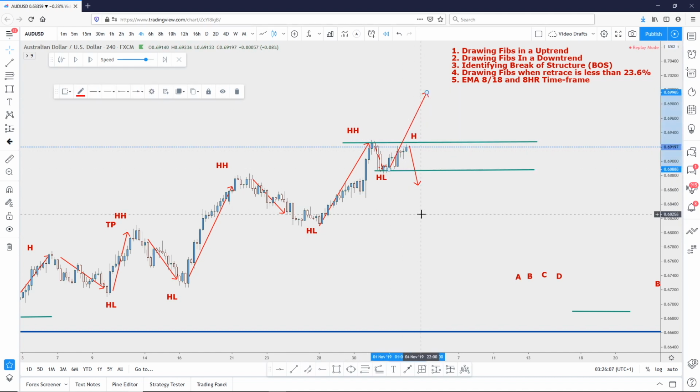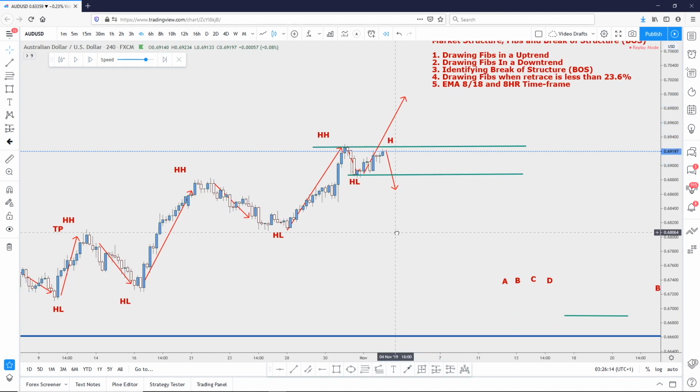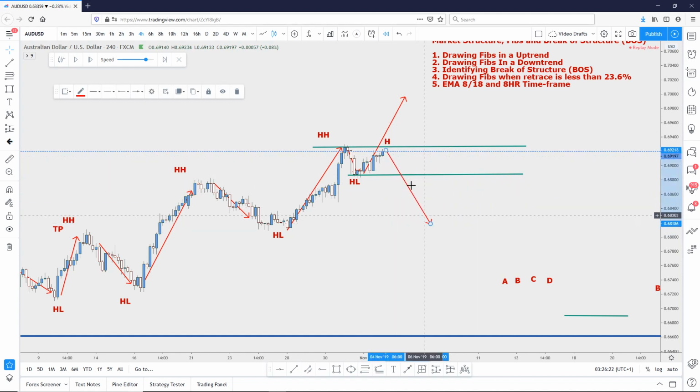Well, this is our first example, or first clue that something's different here, right? Something's different. It came and made a high. And this is where usually break of structure happens. So it may not happen. It could just bounce around here and then continue traveling up. That could happen. But here's where Fibonacci comes into play with break of structure.